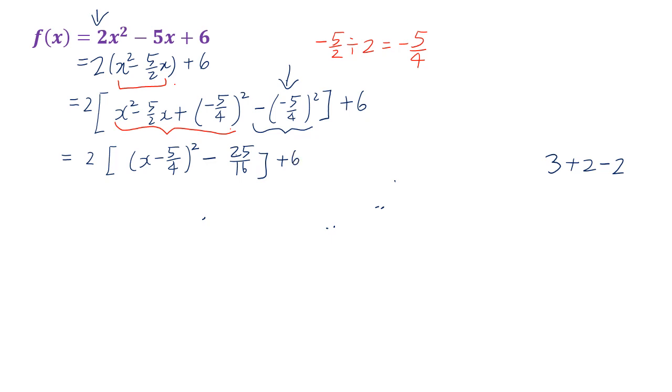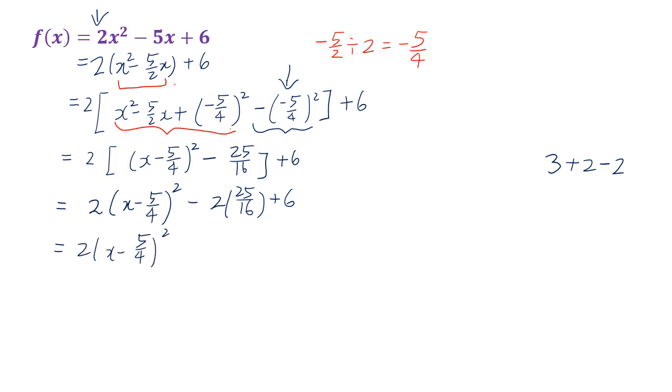Okay, we're not done yet. We still have to multiply the coefficient into the big square bracket. And that will give you 2 times x minus 5 over 4 squared, minus 2 multiplied by 25 over 16, plus 6. Okay, so the next step is pretty easy already.